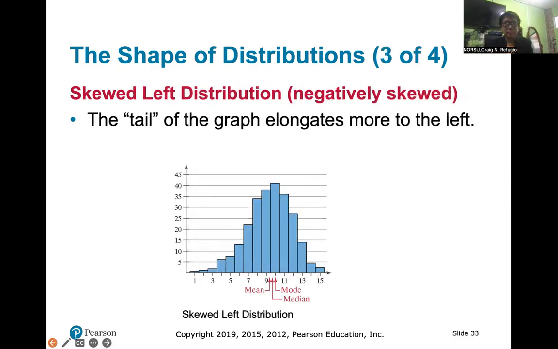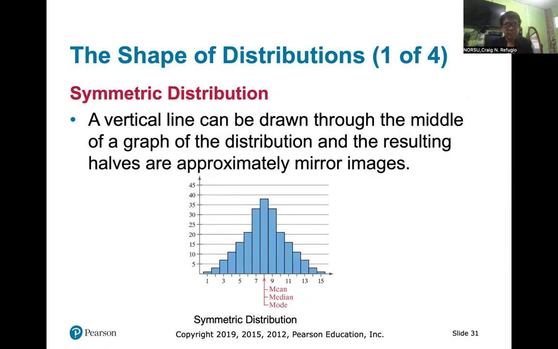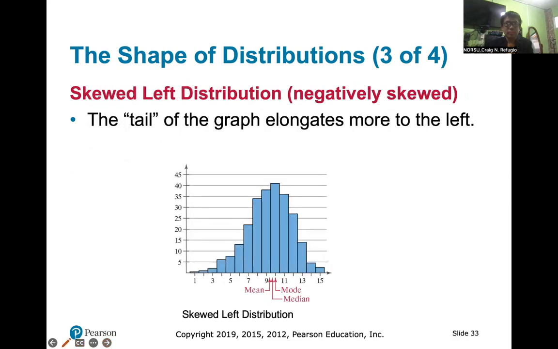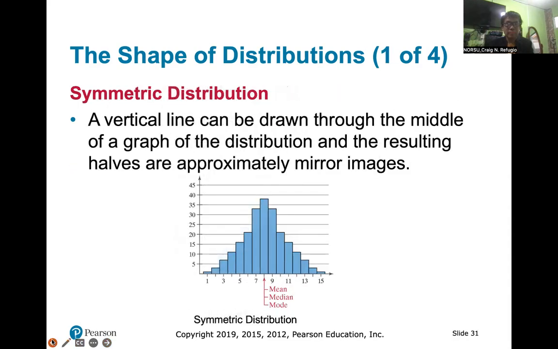And then let me go back to the symmetric distribution, which we also call the normal distribution. Here you are going to consider that the students are composed of good students, not good students, average students, below average students, and above average students.